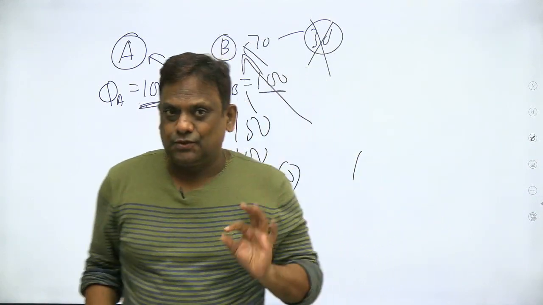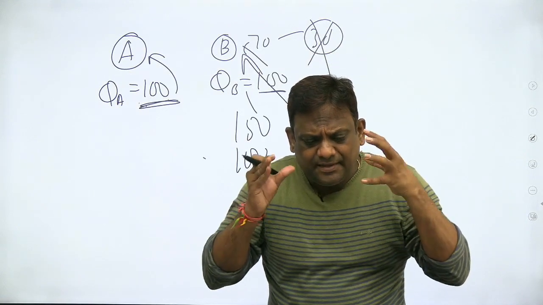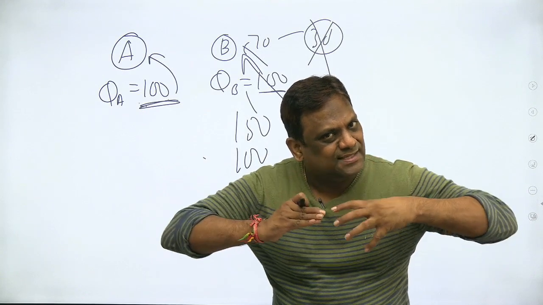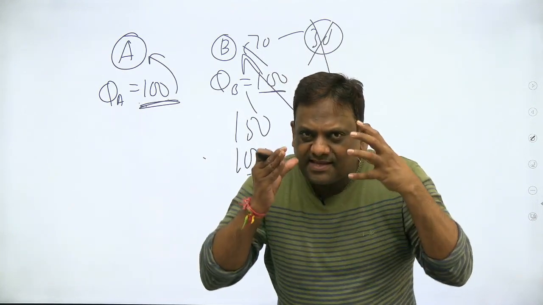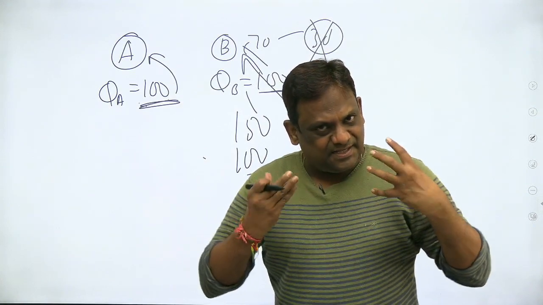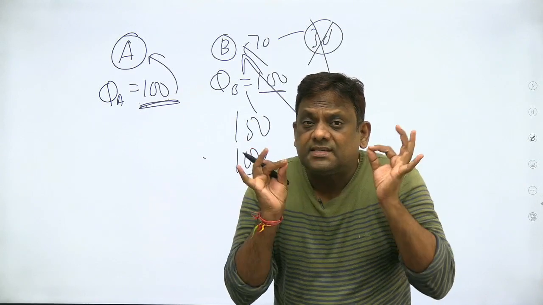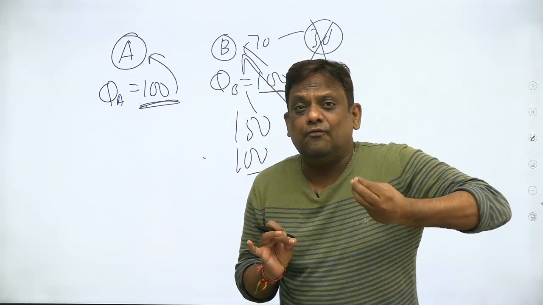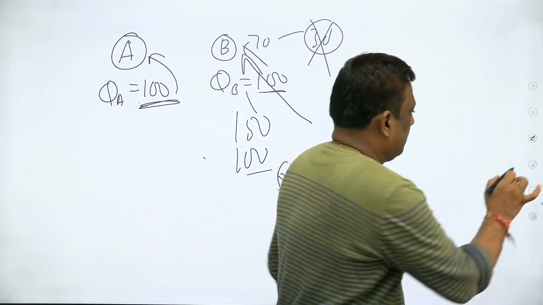Now listen carefully: on the same mass, for the same temperature difference, on the same substance, the heat transfer for constant volume will be less and the heat transfer for constant pressure will be more.